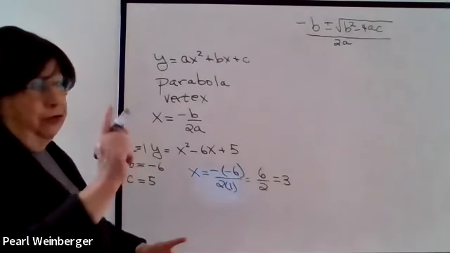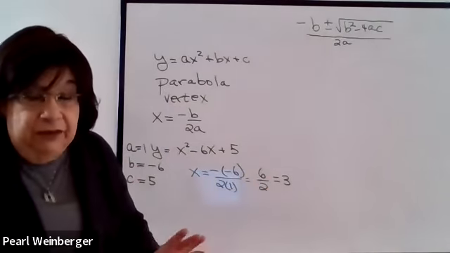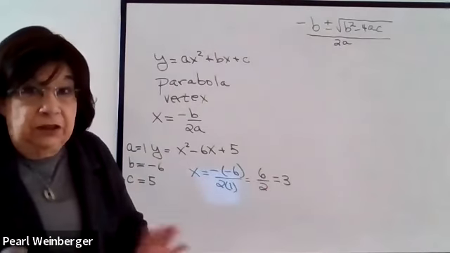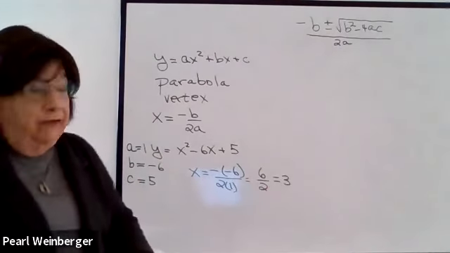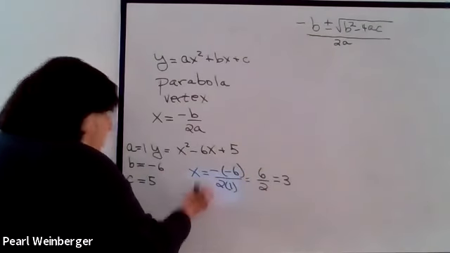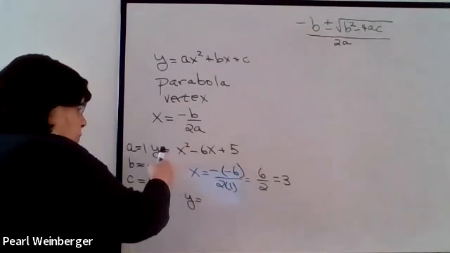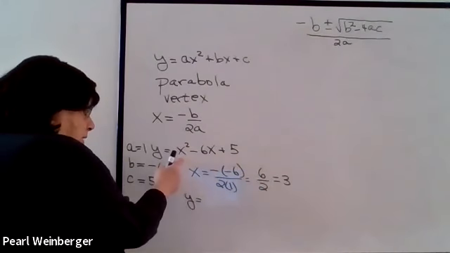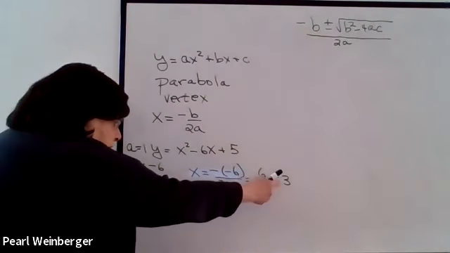Now remember, I'm not finished. 3 is not the vertex, because the vertex is a point, it needs a y value as well. So in order to find the y value, we go back to our original equation, the y equals, and replace the x now with this number 3.